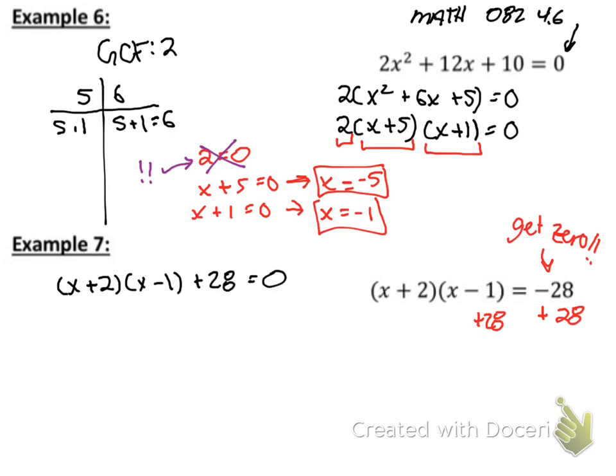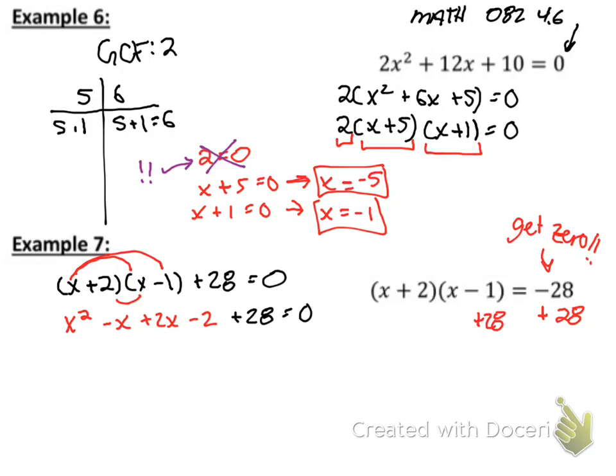Now, I don't know about you, but what I see on the left-hand side looks nothing like any of the things that we've worked through at all in this chapter. So we're going to have to do even more work. What we're going to have to do, if you remember from chapter 3, is FOIL. So we have first, outer, inner, last. And then we still have the rest of the equation just kind of hanging out there for us.